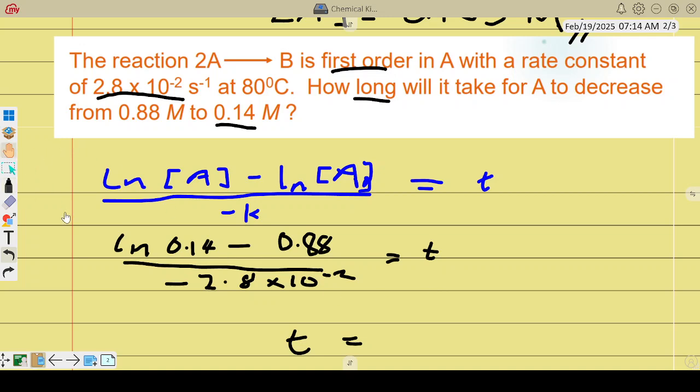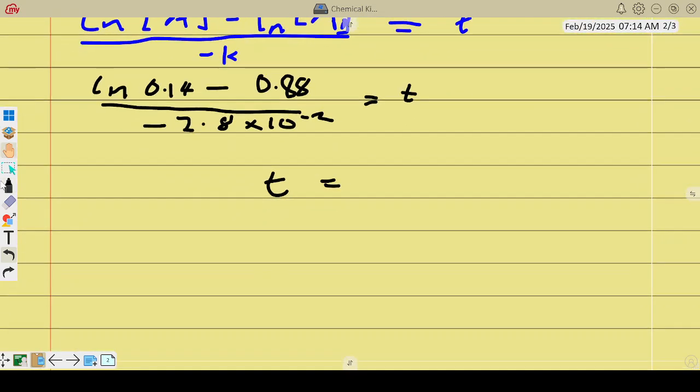I'll just solve it with you as an example. You don't do everything at once, you may end up making mistakes, especially in physics. So ln 0.14, you punch it, you get negative 1.97 to 3 significant figures.